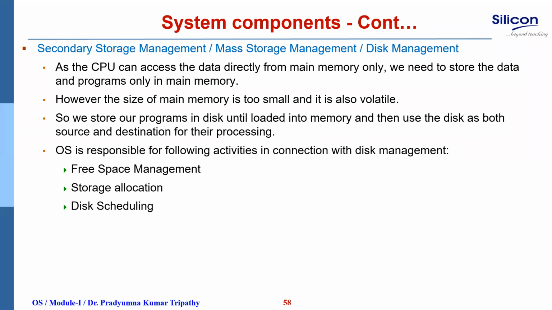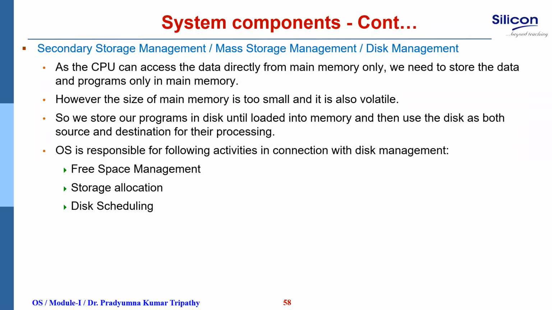And another most important thing in the disk management is the disk scheduling. Disk scheduling says I have to access the disk locations. Data are stored in a scattered way in different locations of the disk. I want to access my file. So what is the order in which I must access so that I will have less travel time, less head movement?